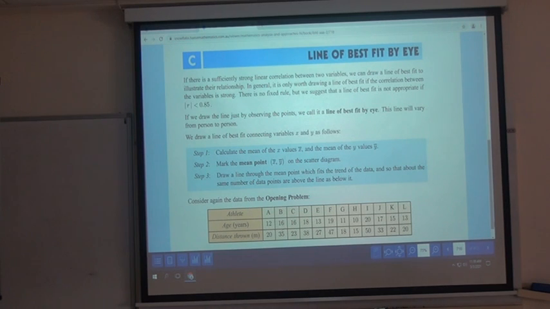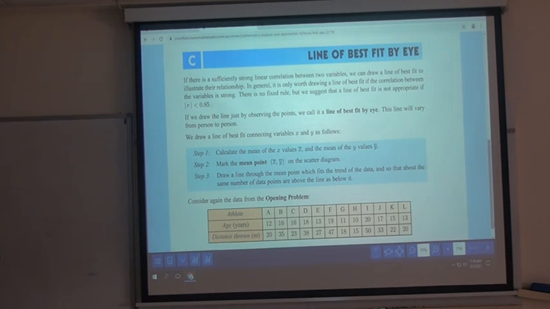You can see that the age of athlete is within what range to what range? What is the minimum to maximum? From what to what? 10 to 20. Let's remember that. What about the distance thrown? 15 to 50. Okay.